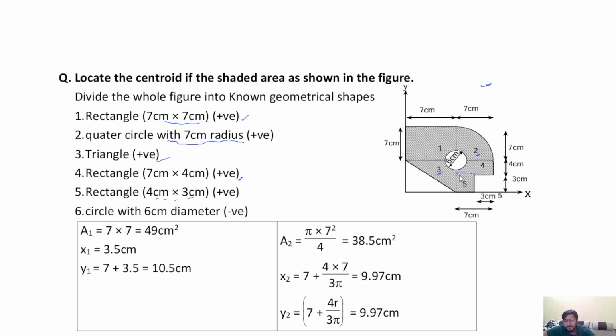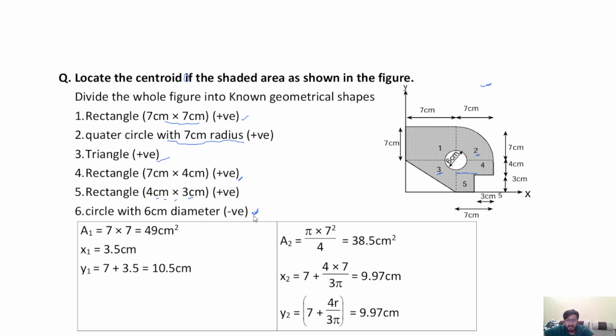This is the number 5. And finally the circle with 6 cm diameter, which is negative, because the question asks us to locate the centroid of this shaded area. Locate the centroid of this shaded area means this 6 cm diameter circle is removed from the shaded area.